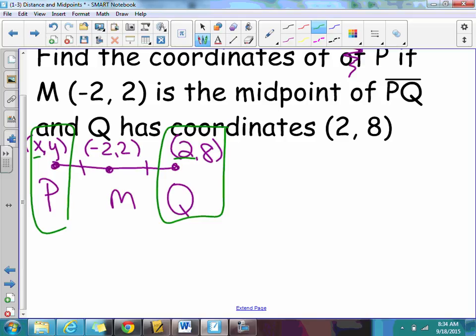I could still write it out. Average says to do what? Add them. And then do what? Divide by 2. The difference this time is I know what the answer is. When I average them, what number should I get? -2, right? Because that's in my x spot for my midpoint. I know I should get -2. Do you guys know how to solve this?